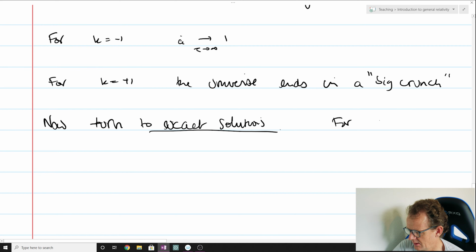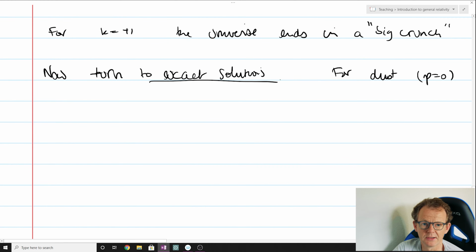And I'll now describe how you can obtain these exact solutions in the case of, say, a dust-dominated universe. And then you'll be able to infer how one can get the solutions for other situations.